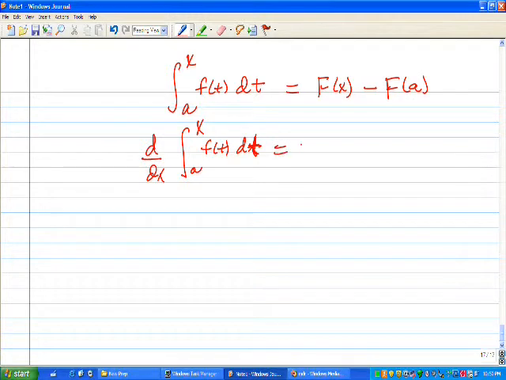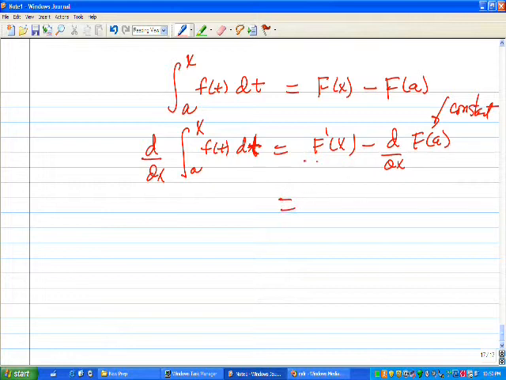Then that would be F prime of x minus d dx of the constant F of a. Notice that capital F of a is a constant.